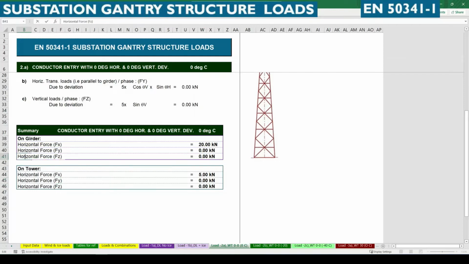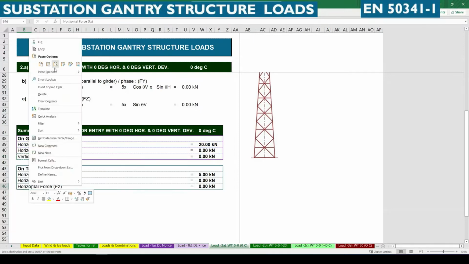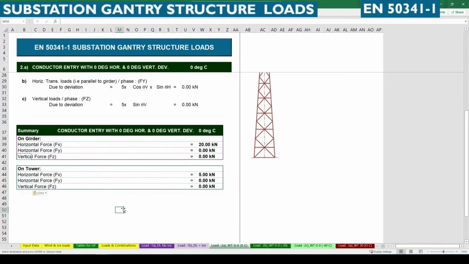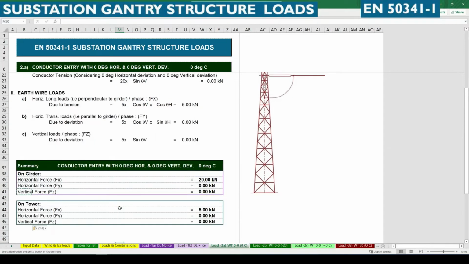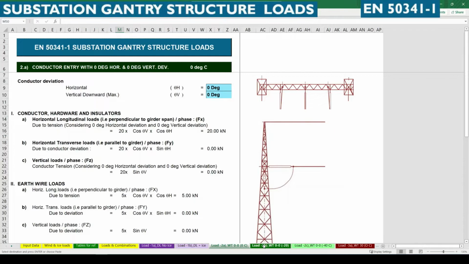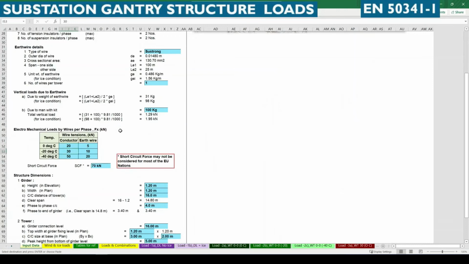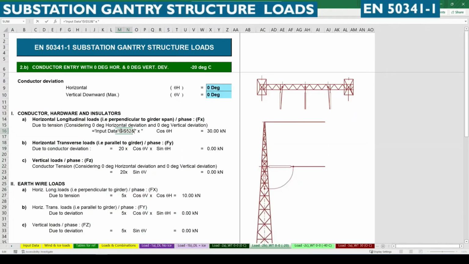The horizontal force for the tower is 5 kilonewton, that is due to the earth wire, and there is no vertical force Fz or horizontal force Fy. Similarly for minus 20 degree Celsius, we need to consider the value at minus 20 degree, that is 30 kilonewton.